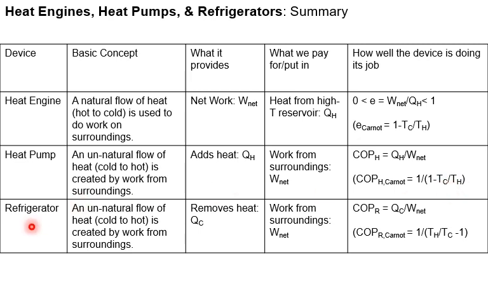And then finally we have the refrigerator. What is this? This is an unnatural flow of heat. So from cold to hot, taking it from the cold inside of your refrigerator to the hot surroundings. So what is it providing? It's removing heat from food, for instance. How do you pay for that? Because it's unnatural, work from the surroundings. So for instance, electricity. How good of a job is your fridge doing?